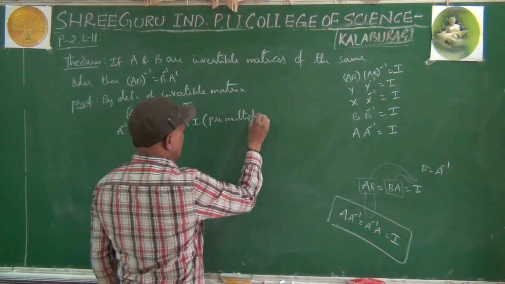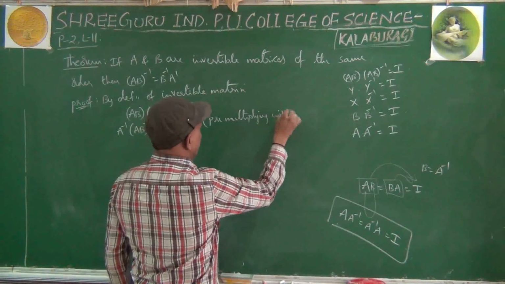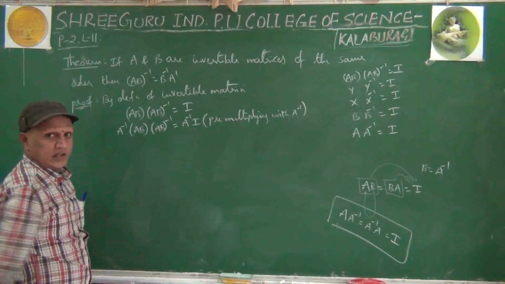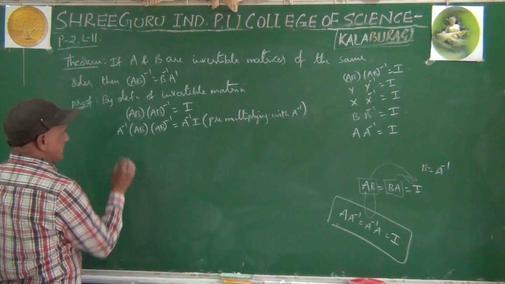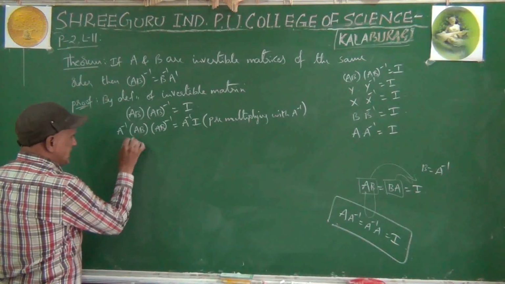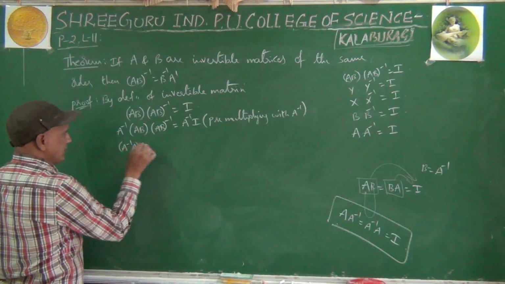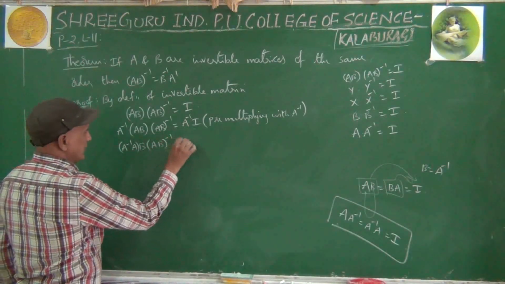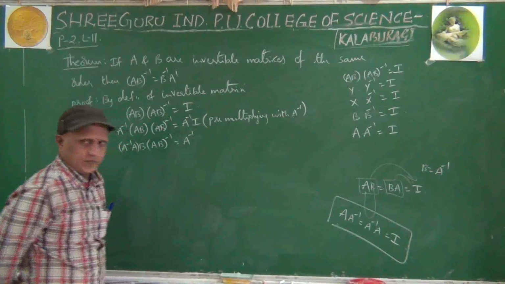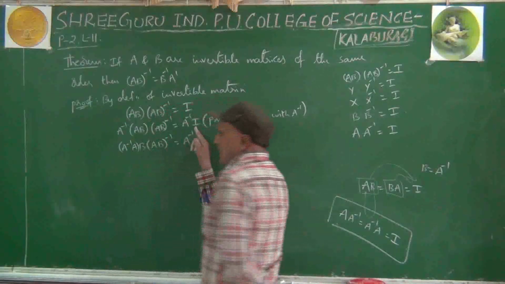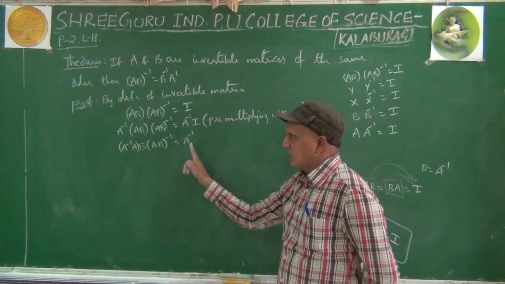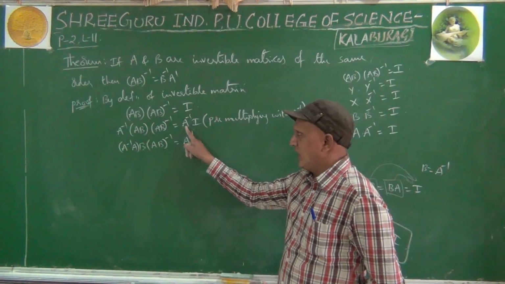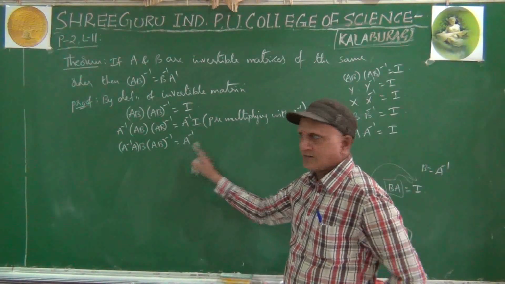Pre means in advance. Now we can write like this: identity matrix into any matrix will be the same matrix.